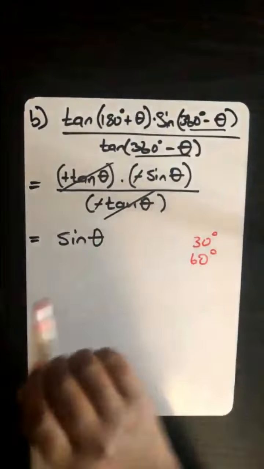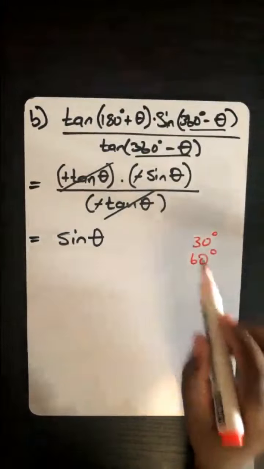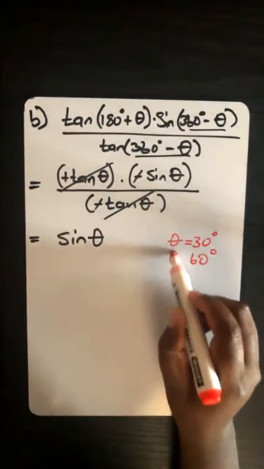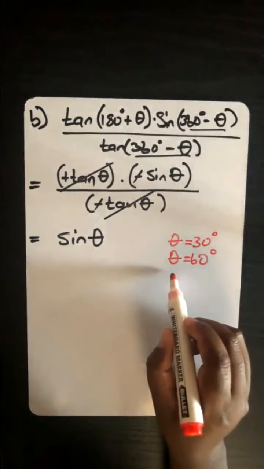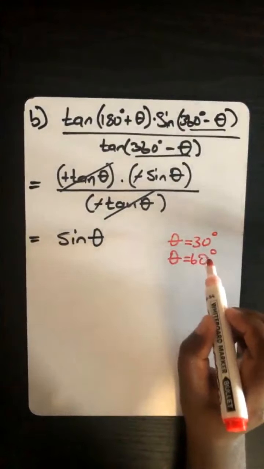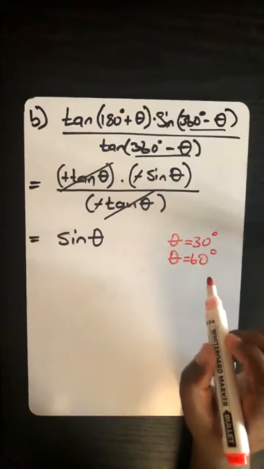It doesn't matter whichever angle you use, you just have to make sure that if you have a theta, you use the same angle for theta. For example, if you had theta and beta, wherever you see beta, you use the same angle, and wherever you see theta, you use the same angle.